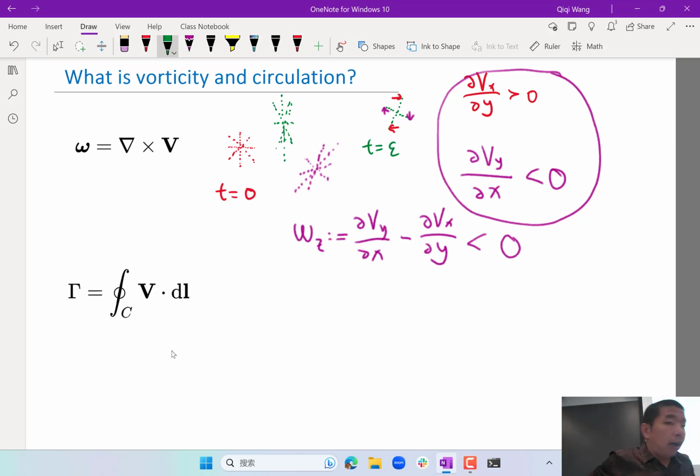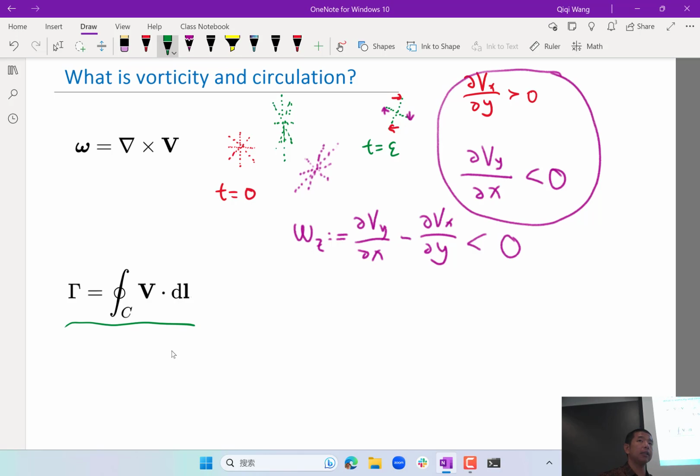As we're going to see a little bit later, there are very good reasons why vorticity in a high Reynolds number but low viscosity fluid like air or water is going to be very concentrated, usually in a very narrow region. That means we usually use what we call circulation.